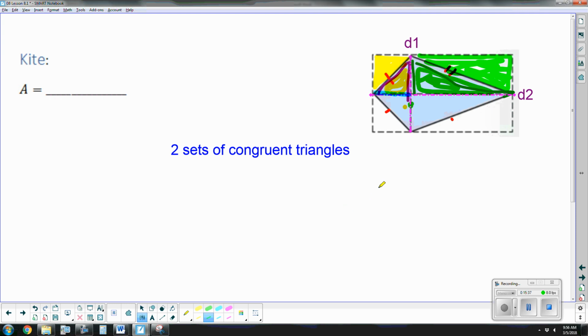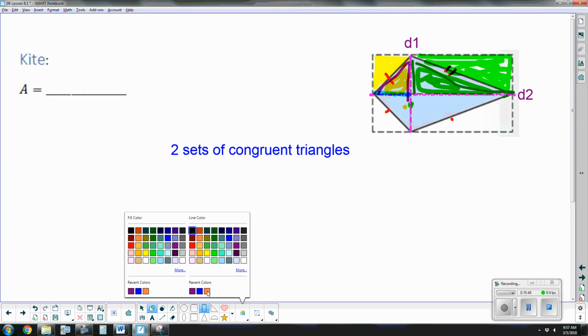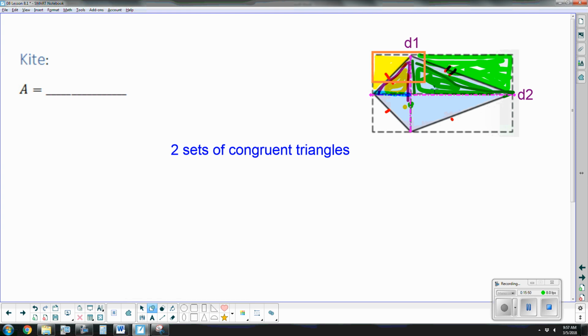So our rectangle is going to be the area of the whole rectangle. If we were looking at this whole rectangle, it would be the first diagonal times the second diagonal. But we're not looking at the whole rectangle, we're looking at half of that rectangle.